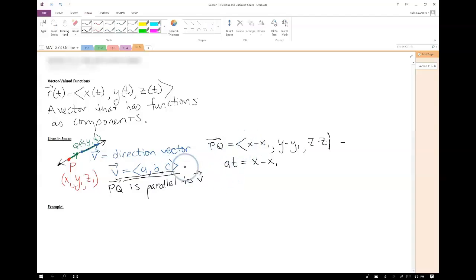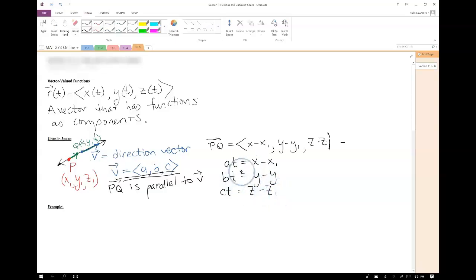Back when we checked for parallel vectors a few sections ago, we said if any of those ratios came out different, then it wasn't parallel. So we need to make sure that we're using the same ratio of t every time. So bt is equal to y minus y1, and ct is equal to z minus z1.